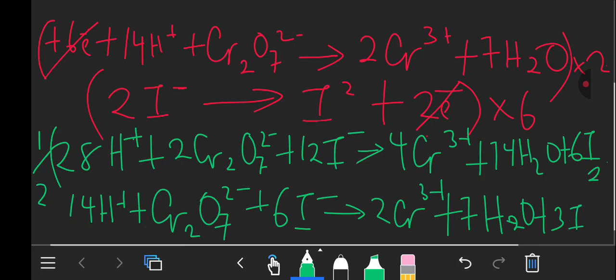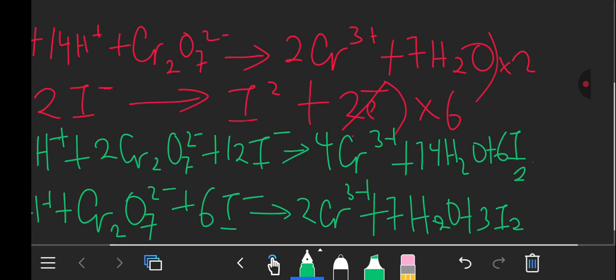Okay, iodine, that is capital letter I with a subscript of 2. Okay, so we've now basically balanced this redox reaction.